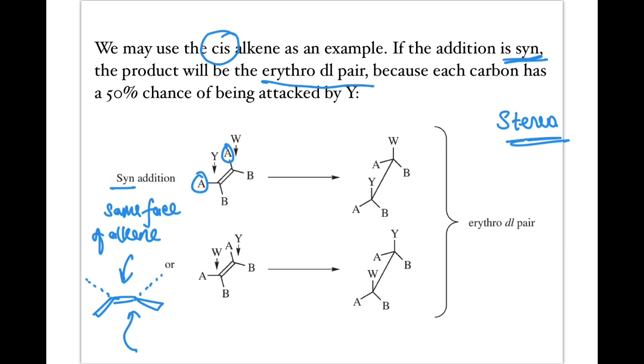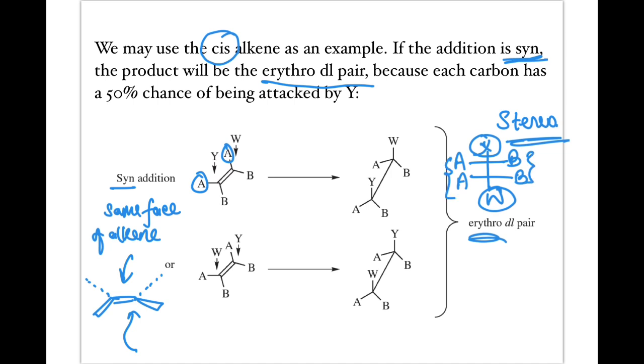So how do you draw this molecule in the Fischer projection? You are going to draw this molecule in this way. This is A and B, A and B again, Y and W are like this. So this kind of molecule is known as an erythro molecule, where the same groups are on the same side.